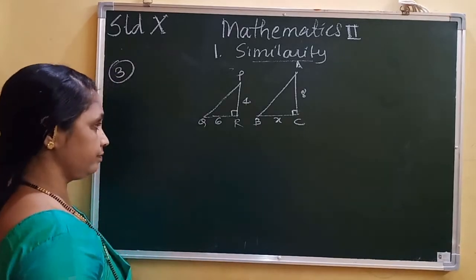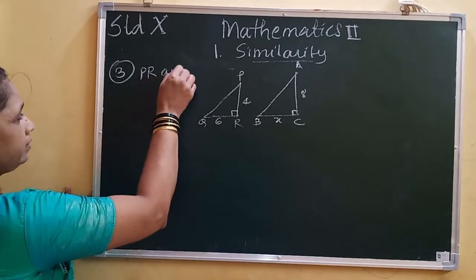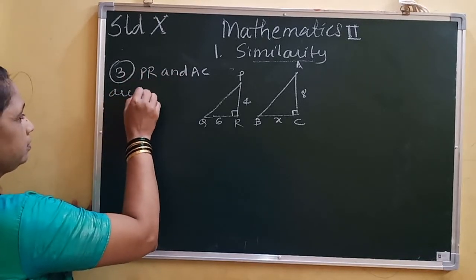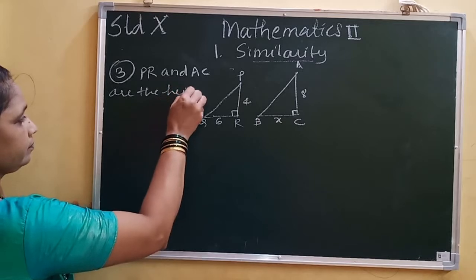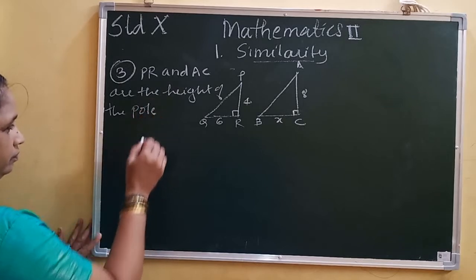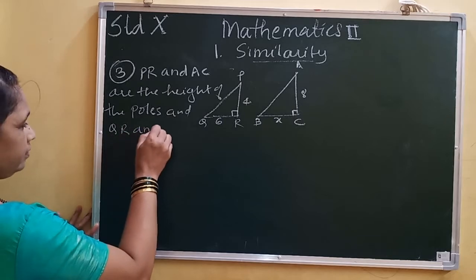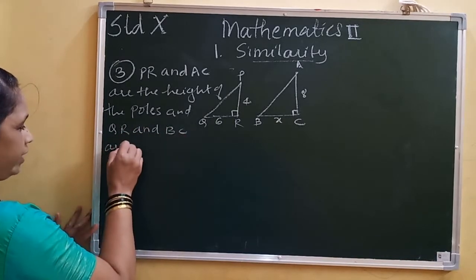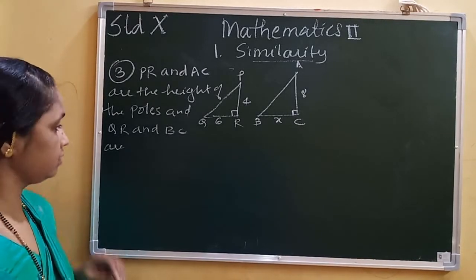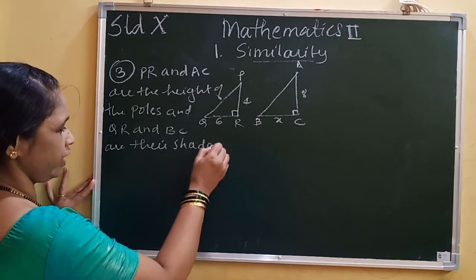So we'll write PR and AC are the heights of the poles, and QR and BC are their shadows.